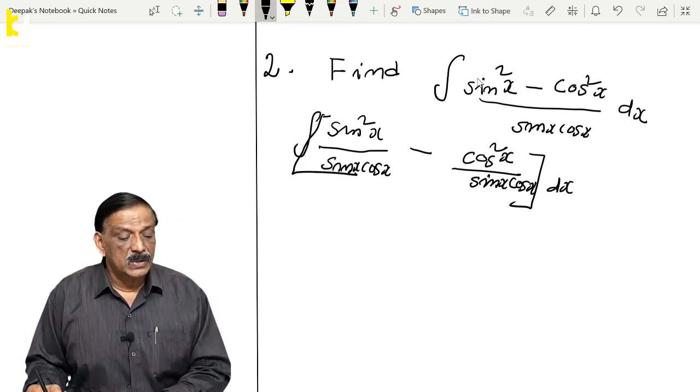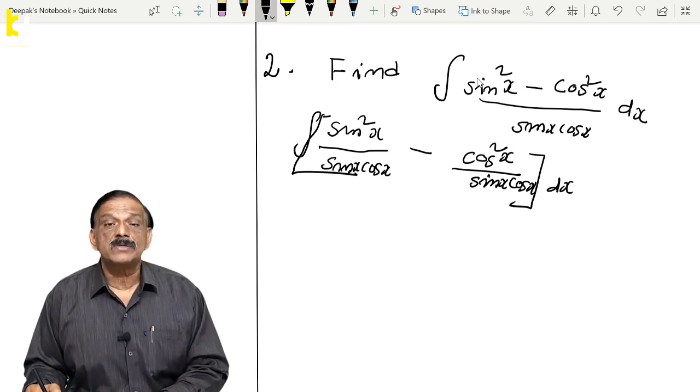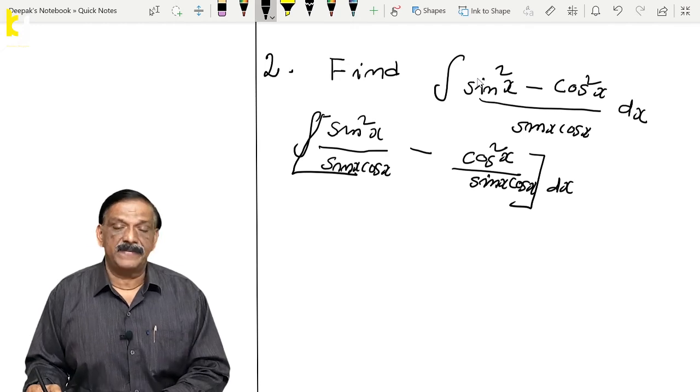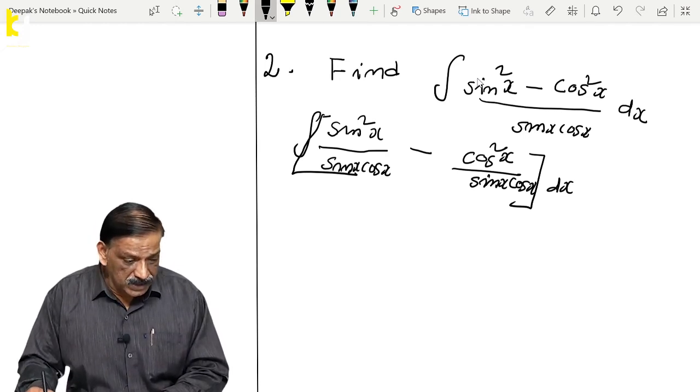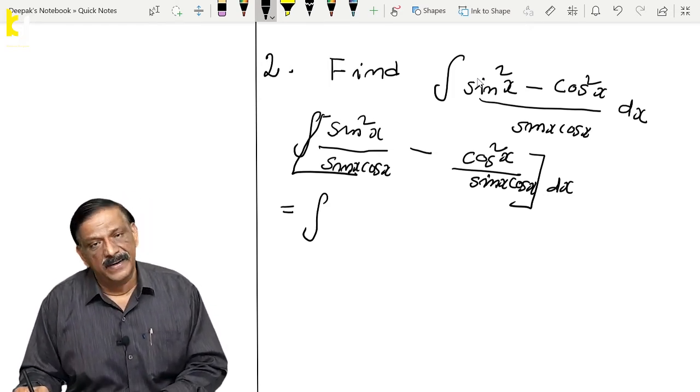Integral sin square x by sin x cos x minus cos square x by sin x cos x dx. Okay. So this is equal to integral sin square x by sin x cos x dx.